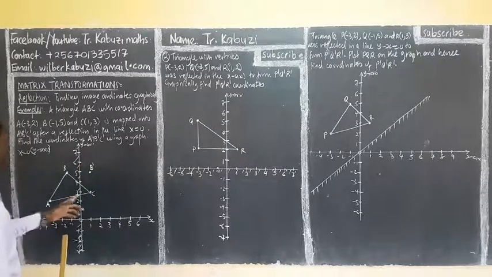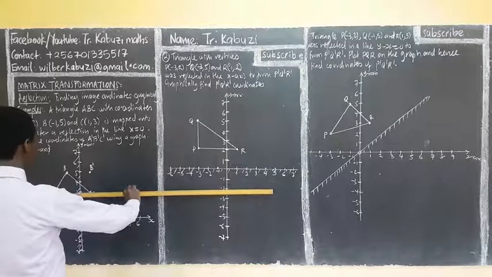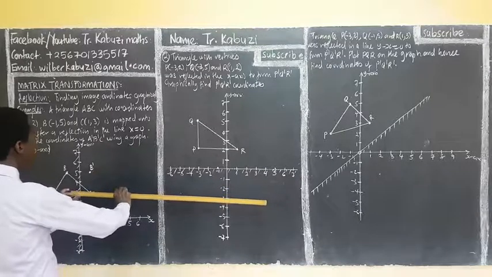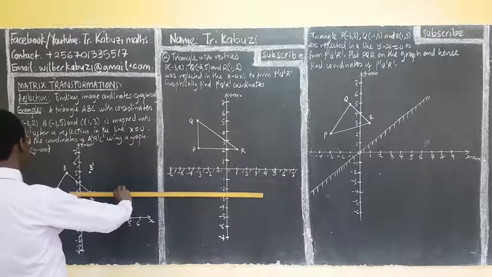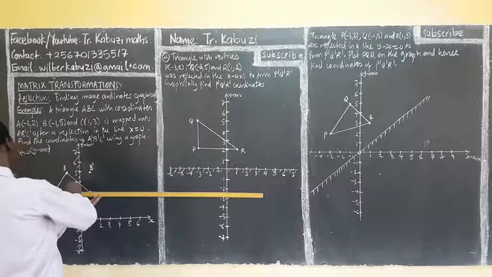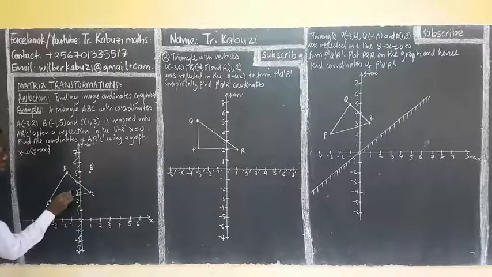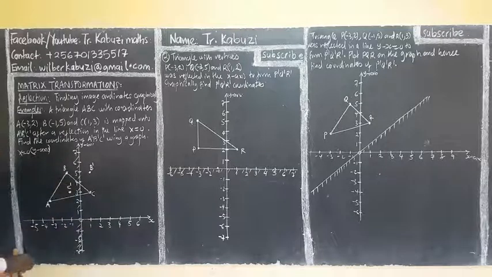Now you come to C. You measure from C to the line, then put the same distance on the other side. Mine is falling here, and this is going to be my C prime.